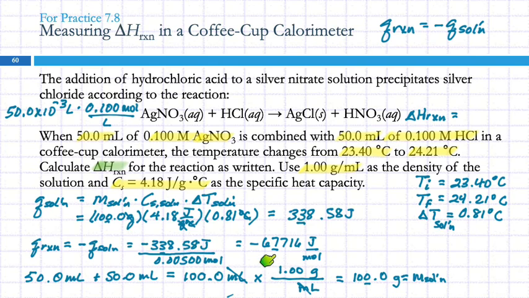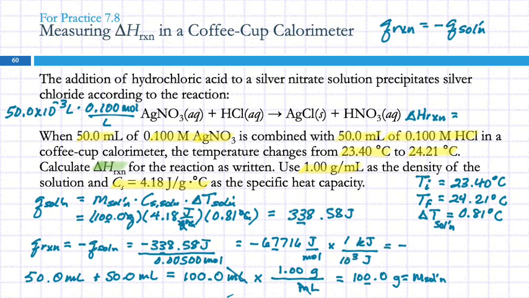This is a big number, 67,000. So normally we would convert that to kilojoules. So here we're going to have joules on the bottom, kilojoules on the top. 1 kilojoule is 10 to the third.